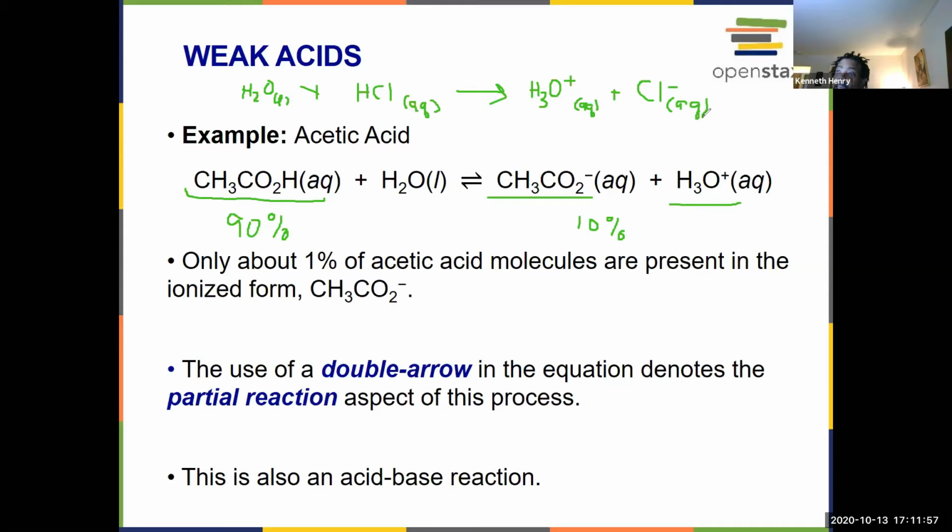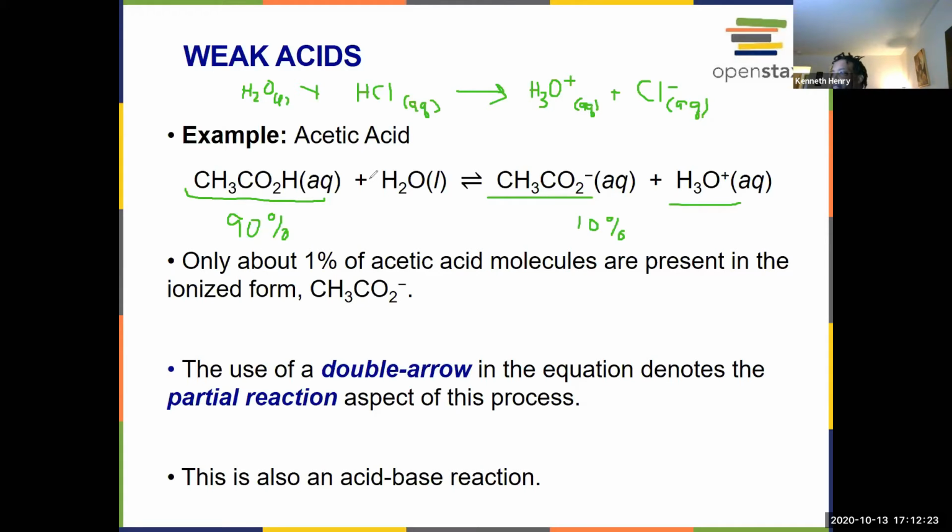In the case of hydrochloric acid, you're getting complete separation, and the yield arrow shows you that complete separation, but you don't have that partial existence. When you have both arrows pointing like that, it means partial separation. It means that you have both existing.